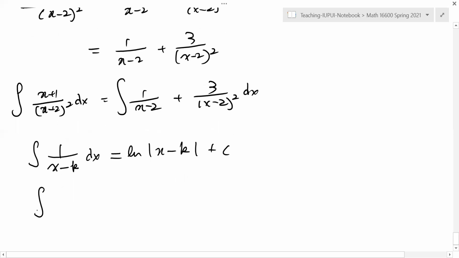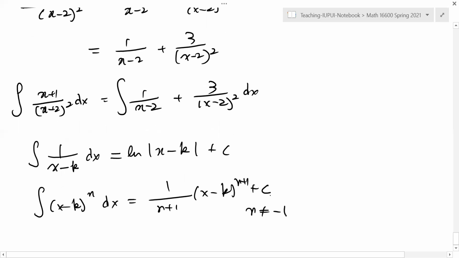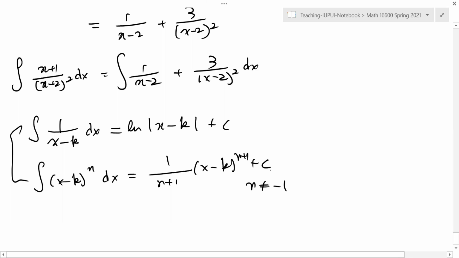Now, when it's in another power, x minus k to the nth power, as long as n is not equal to -1, here n cannot be -1. Those are the two general integrals we need; we know how to evaluate them quickly.